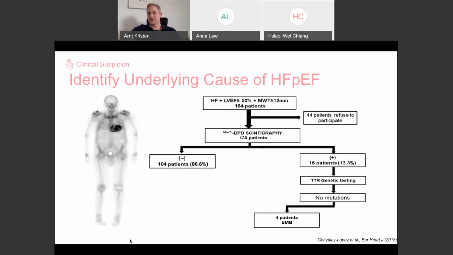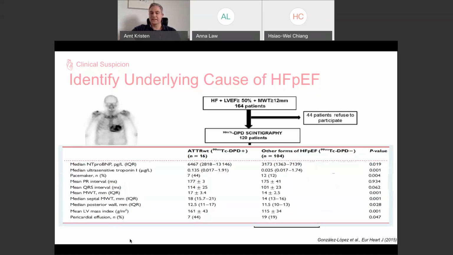These patients with positive scintigraphy presented with more marked increase of biomarkers, for example, NT-proBNP or troponin I in this series, as shown in this table here.